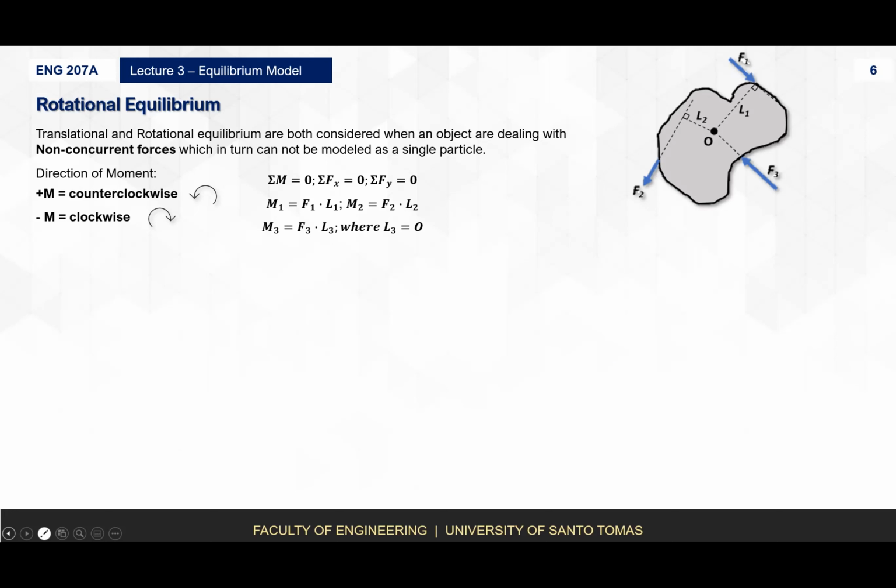And as mentioned earlier, yung summation of moment niya should be equal to 0. And depending on what kind of hinge or support you have, sometimes you have vertical and horizontal components to look for. And as stated before, the moment is simply just the product of the force applied and its perpendicular distance to its pivot point, or yeah, axis of rotation.